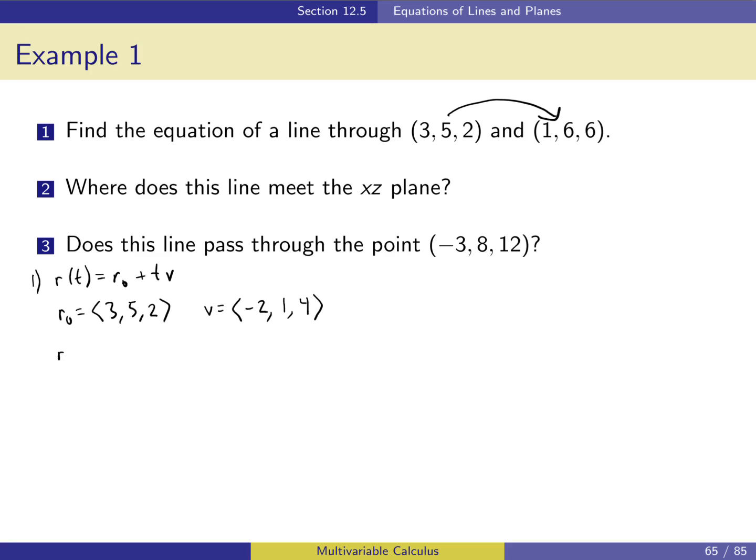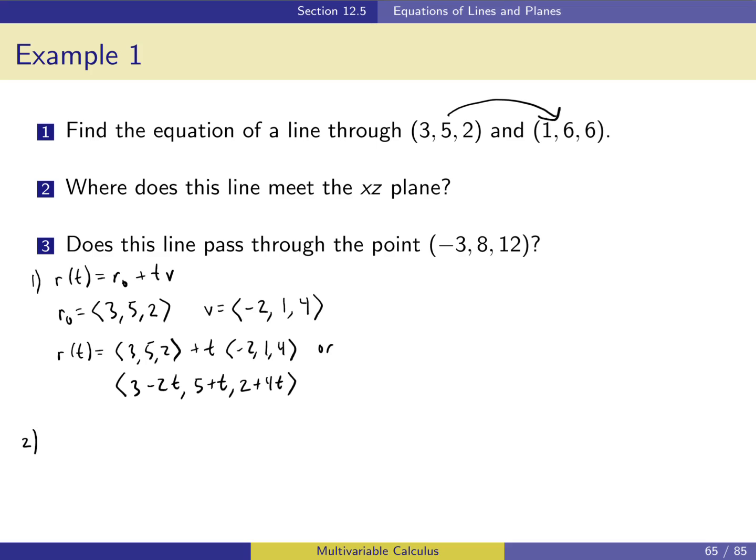Putting this together, the equation of our line is r of t equals 3, 5, 2 plus t times -2, 1, 4. If we want, we can rewrite this as 3 minus 2t, comma, 5 plus t, comma, 2 plus 4t. Either form is correct.